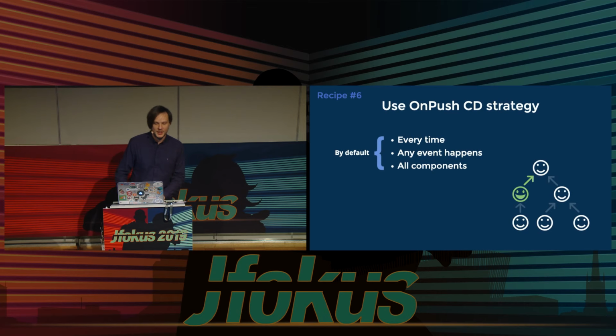Just imagine, we have this green happy component where something happened. I don't know, you clicked a button or you got some data from a server, and it's related only to this branch, right? What happens in terms of change detection?